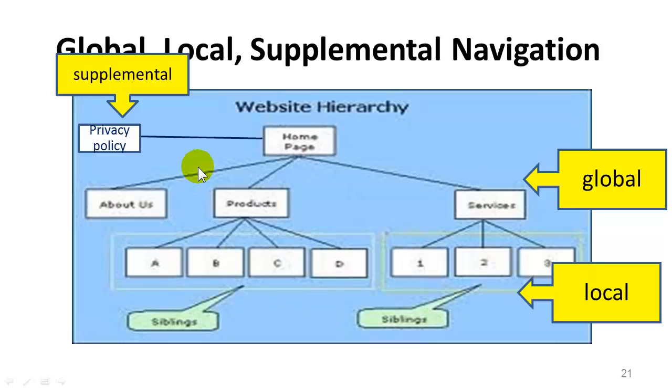So here we have a picture of a website hierarchy with our home page branching into the About Us, products and services, further subdivided. And here again, this is our physical layout. From the home page, we have the privacy policy. It doesn't really lend itself to the other categories. It's more supplemental.